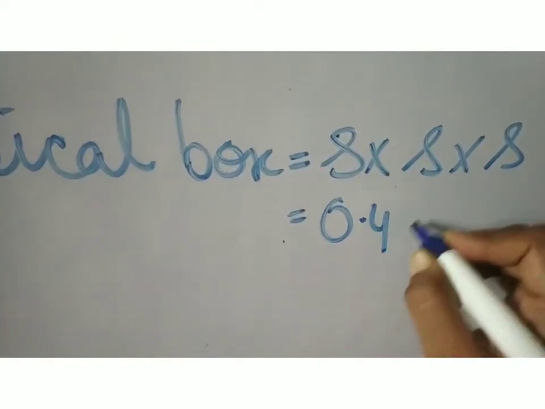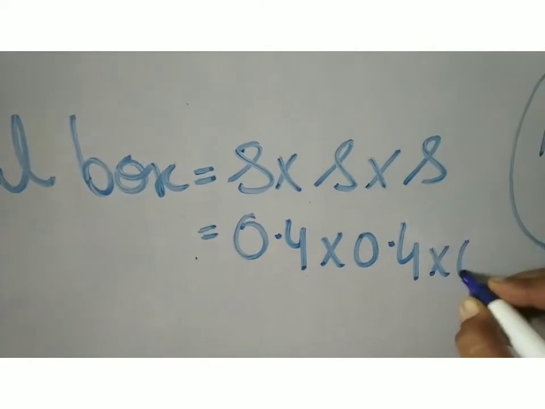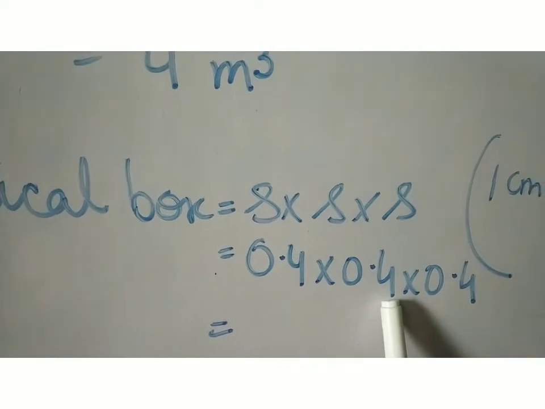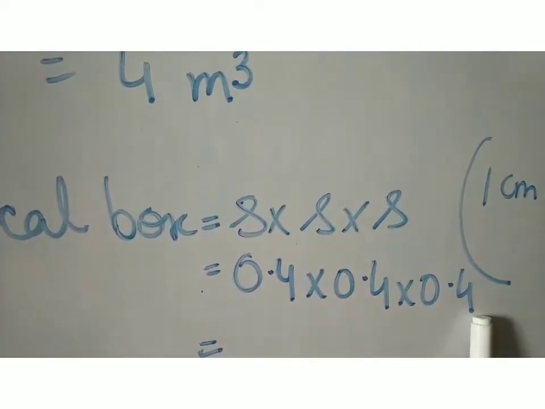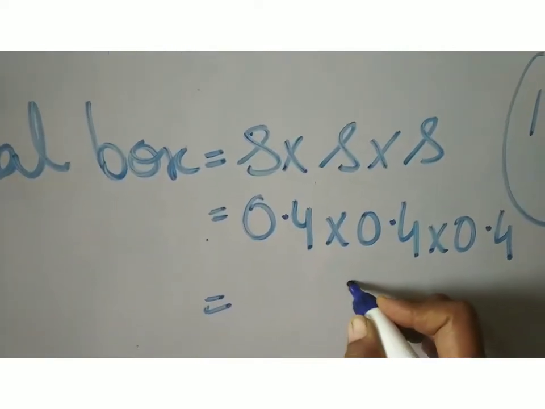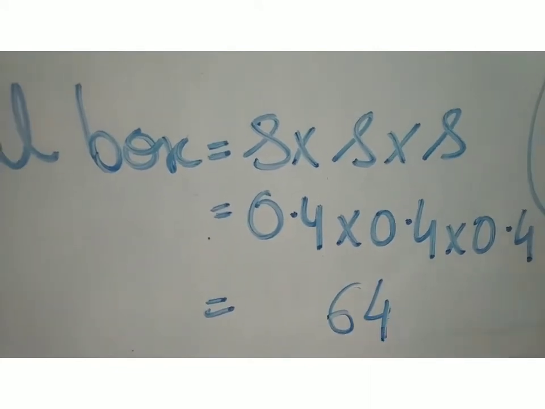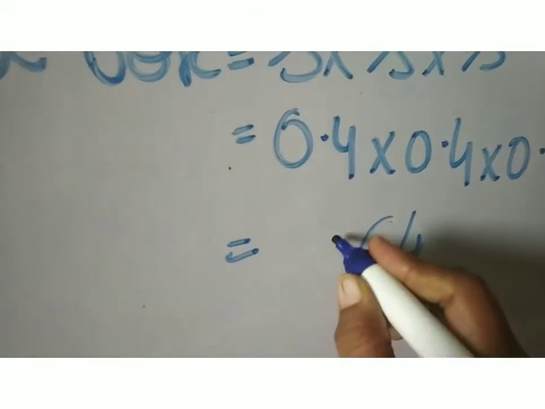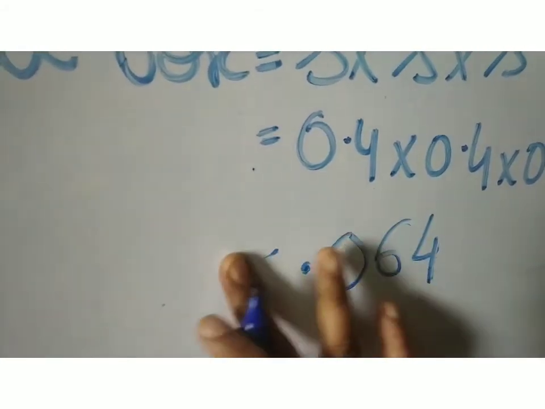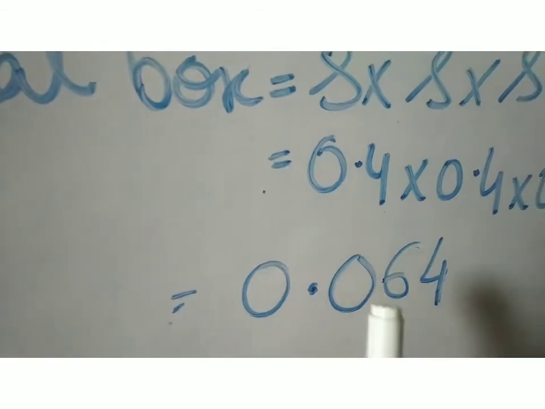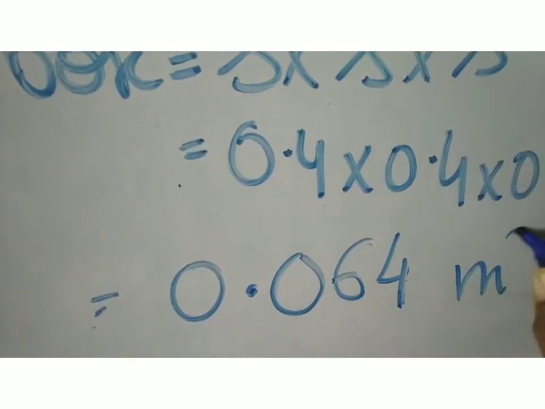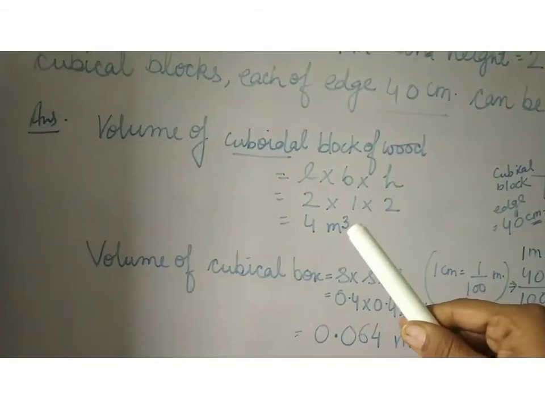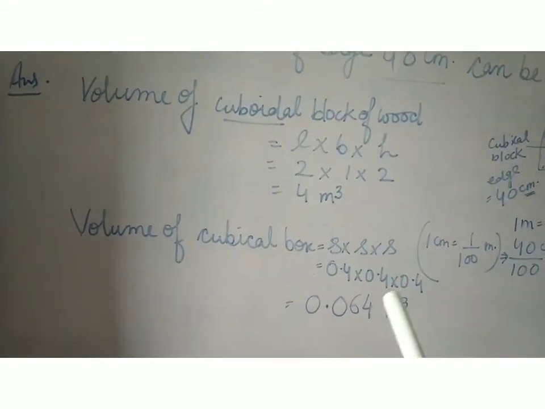So I'll write 0.4 multiplied by 0.4 multiplied by 0.4. So children, 4 4s are 16, 16 4s are 64. Before 3 numbers, the point has to be there. So there are 2 numbers, I'll put a 0 over here and I'll put the decimal over here. So my answer is 0.064 meter cube.